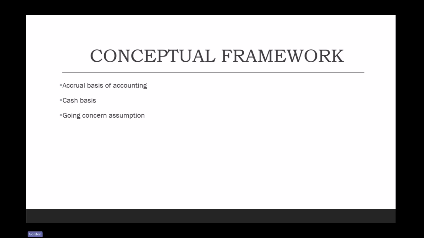So, accrual. Any questions so far? What I've said is very huge stuff. Does this make sense? Is there anyone who is not so sure about something? I'm prepared to explain, because today we are dealing with the fundamentals of accounting.